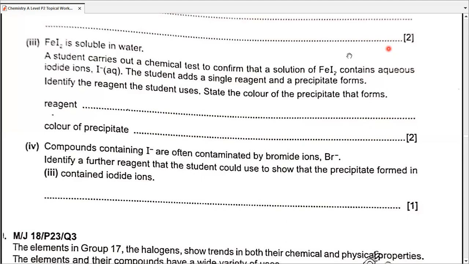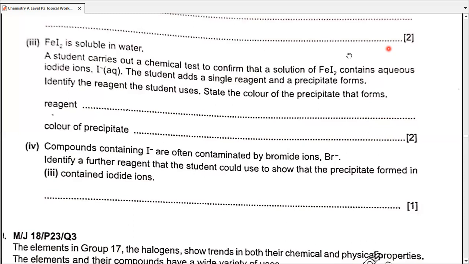I'm also correct by saying that sometimes we do use nitric acid. We acidify the solution or the system before we use silver nitrate. But here, we won't do that. Here, without acidifying it previously, the silver nitrate does give you the yellow colored precipitate. Now, do you know the reasoning behind it?